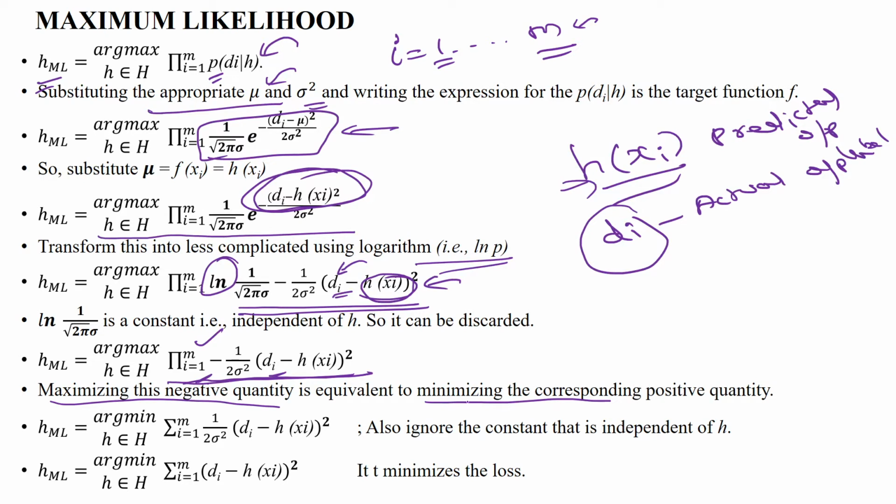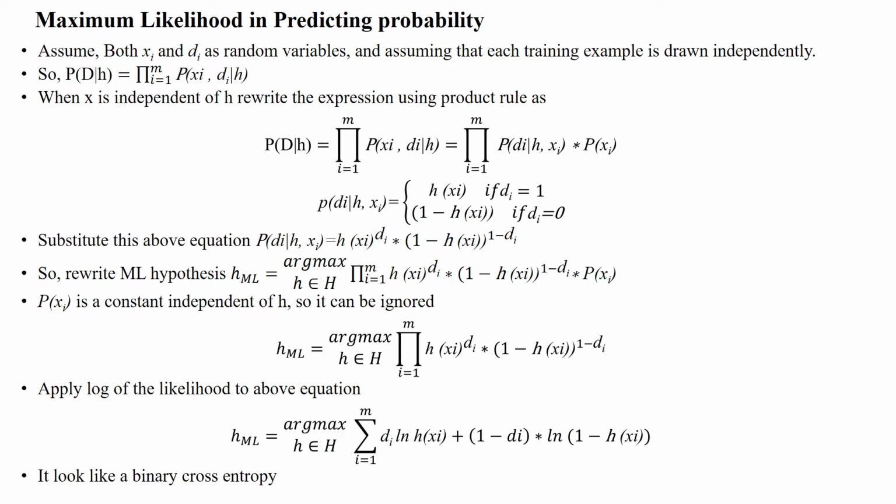That means we compute the difference between actual output and predicted output, and for each iteration we update the parameters and minimize the loss. Each data sample is related to the hypothesis, so by using this we can calculate the maximum likelihood.